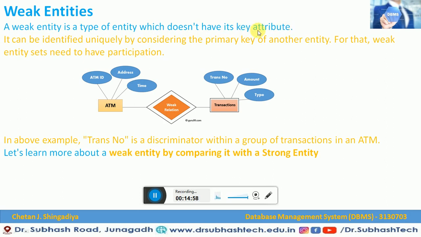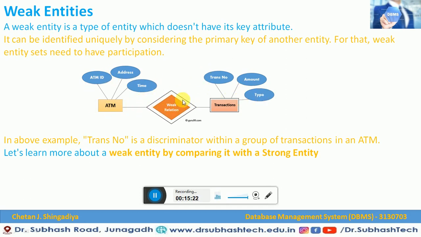Now what does it mean by key attributes? That means it does not have the prime attributes, or you can say primary key. It can be identified uniquely by considering the primary key of another entity. For that, the weak entity set needs to have a participation. So here you can see the simple example of weak entity set.